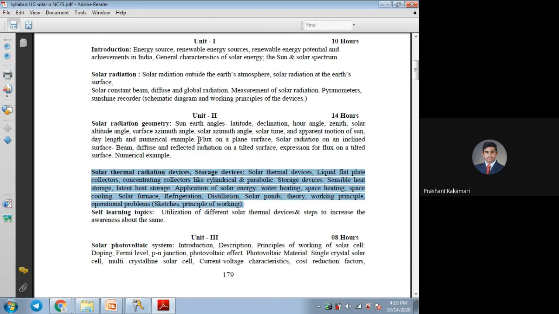For this subject, you have to recall all the equations properly, and the importance is given more to the problems, not the theory. In this solar geometry, theory will be less, numericals will be more.